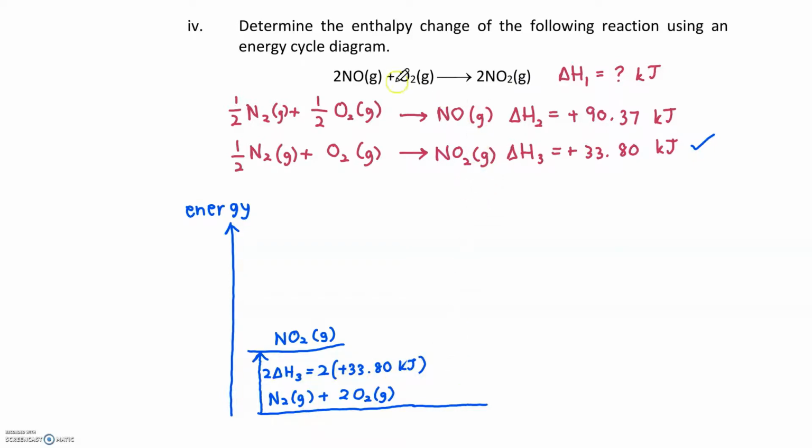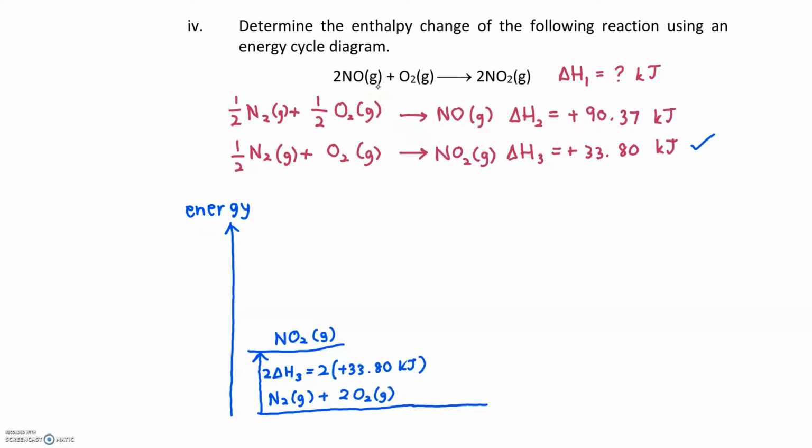So again, because the target equation uses 2NO, we're going to multiply everything in this equation by 2. So that is N2 because it's half N2 multiplied by 2, and then we need 1 O2.